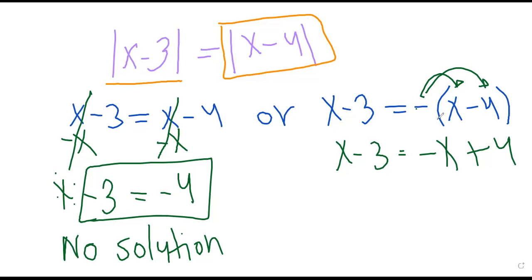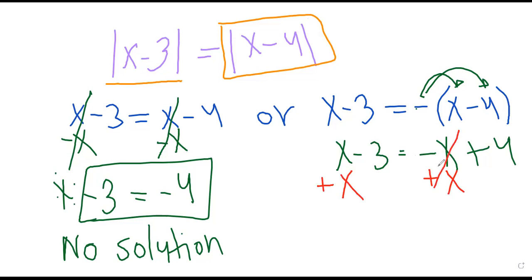How? By getting rid of one of the variables. Minus 1x here is less than 1x, so I'll get rid of it. I always like to get rid of the smaller variable. Okay, so how to do that? I will add x to both sides.